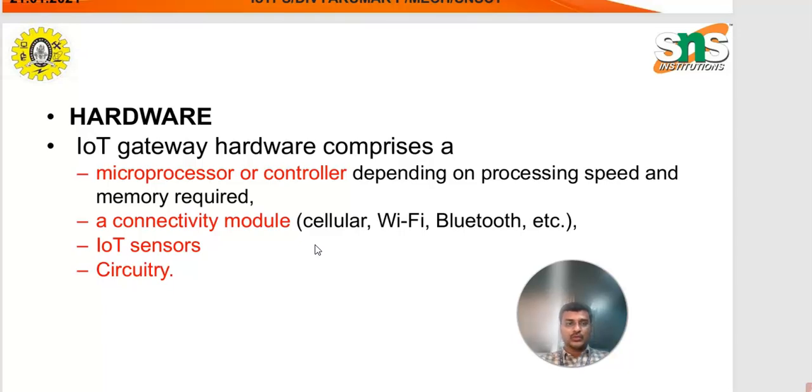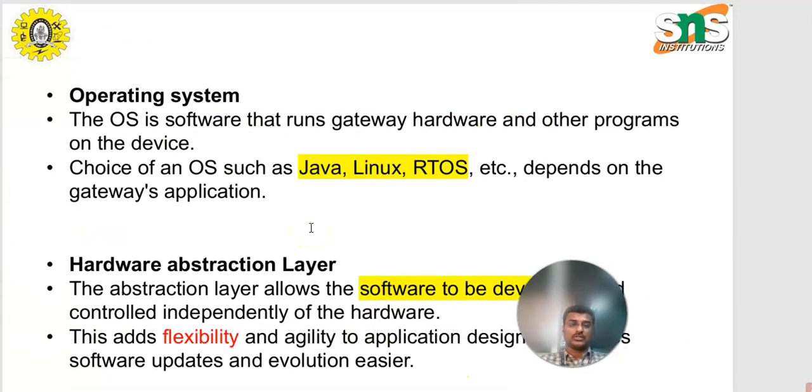Hardware: IoT gateway hardware comprises a microprocessor or controller depending on the processing speed and memory required. And cellular data, Wi-Fi or Bluetooth, whatever hardware devices you have, need to be connected to the gateway to process the IoT process.